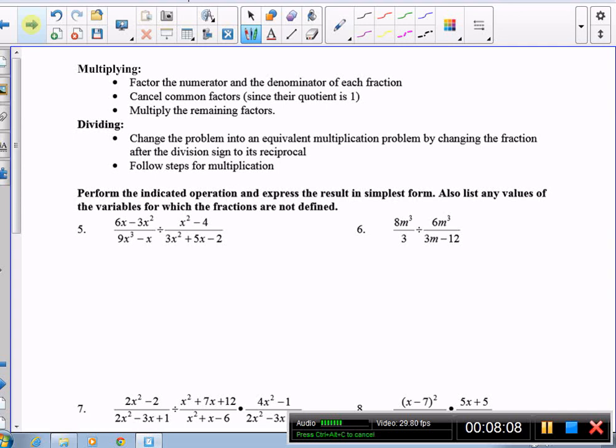Okay, so for number 5, let's start by factoring this. Then we have to look at the values that would make it not defined as well.